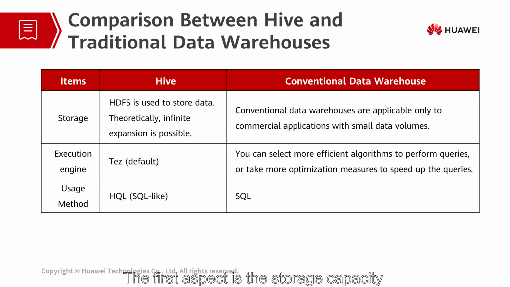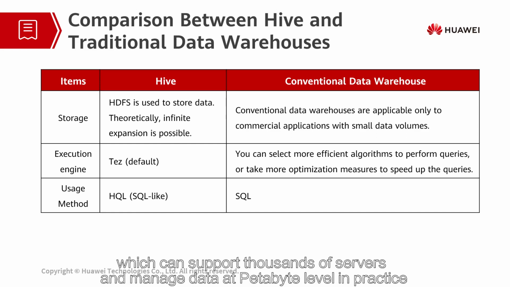The first aspect is the storage capability. The storage capacity of Hive is dependent on HDFS, which can support thousands of servers and manage data at petabyte level in practice.